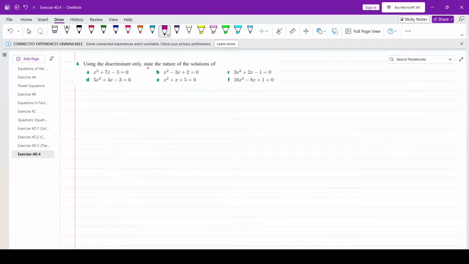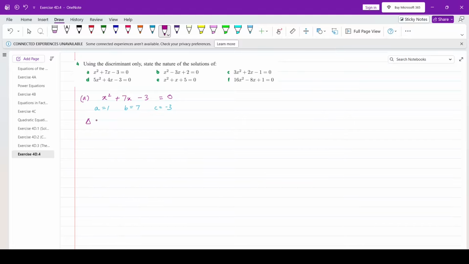Using the discriminant only, state the nature of the solution of x square plus 7x minus 3 is equal to 0. We can say a is equal to 1, b is equal to 7, c is equal to negative 3.